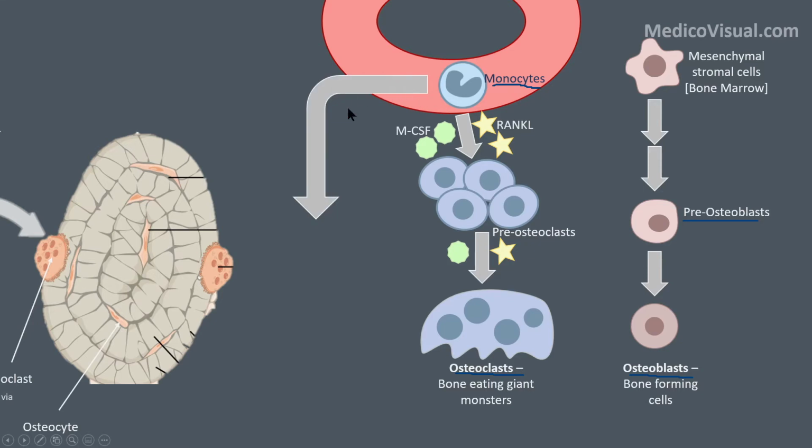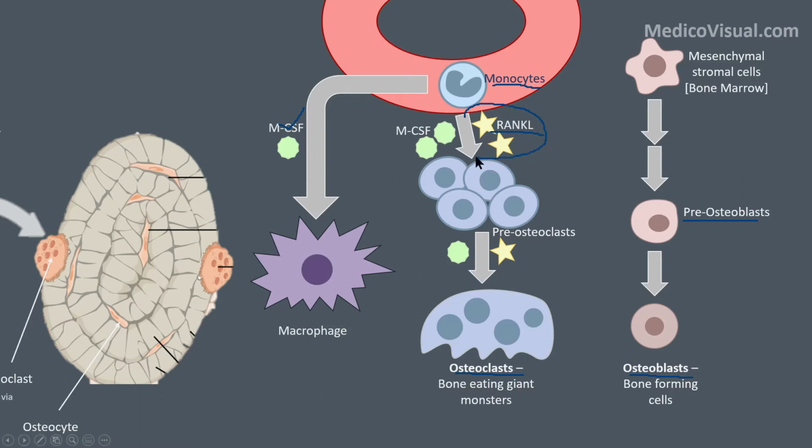In some tissues where only MCSF is released and not RANK ligand, it will form macrophages. When both are present, it will not form macrophages, but will form pre-osteoclasts and ultimately osteoclasts. So RANK ligand is necessary to form the osteoclast.